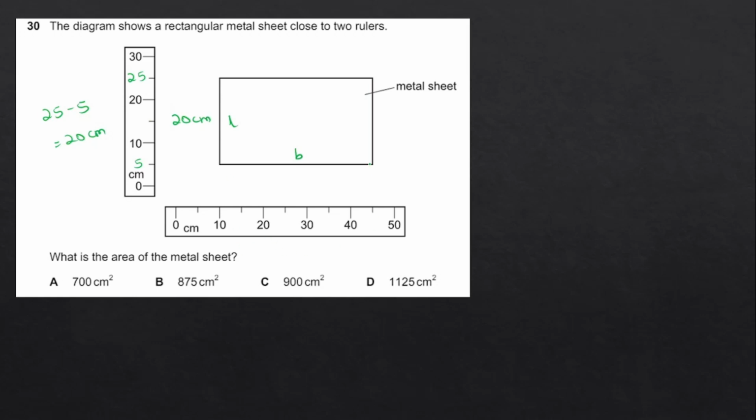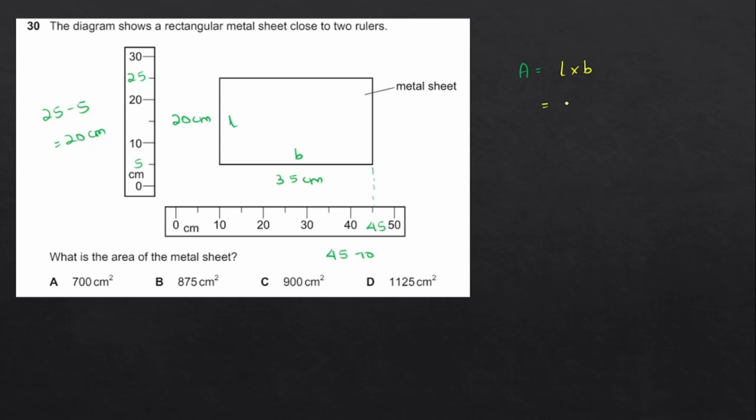To calculate breadth, let's find out what these readings are. It is 45 here and 10 over here. So the breadth will be 45 minus 10, that is 35 centimeters. To find the area, we can use the formula area equals length times breadth, because this is a rectangle.